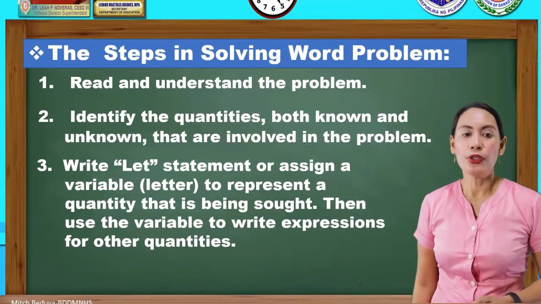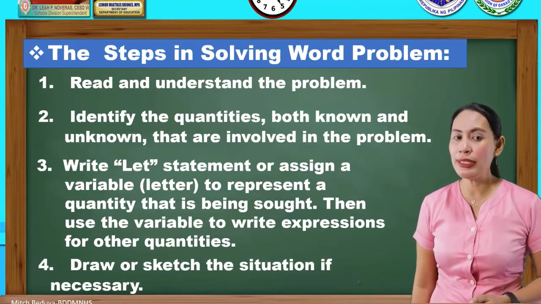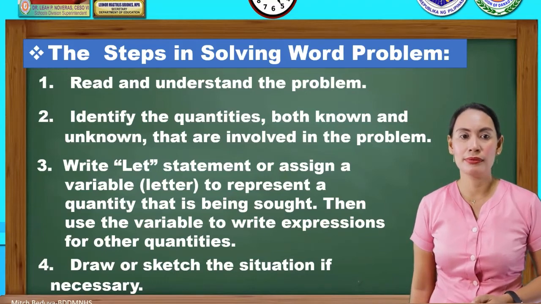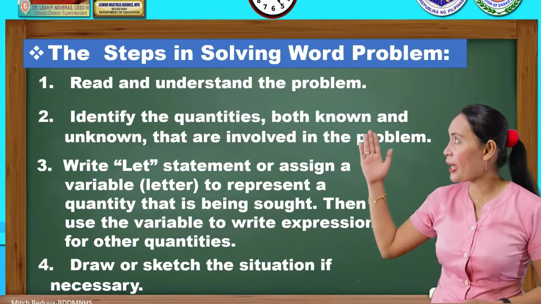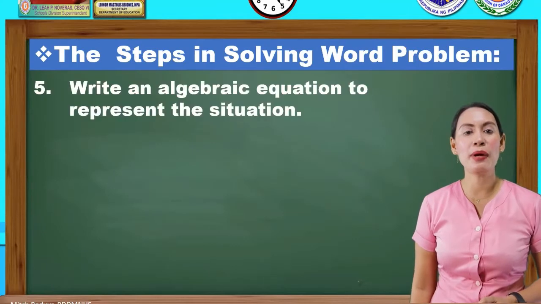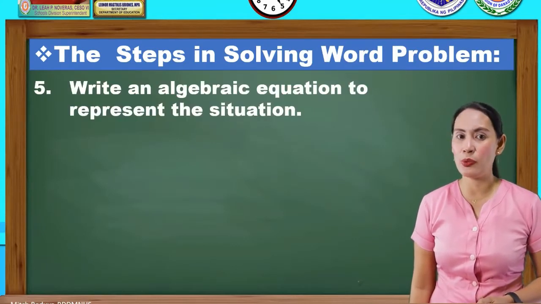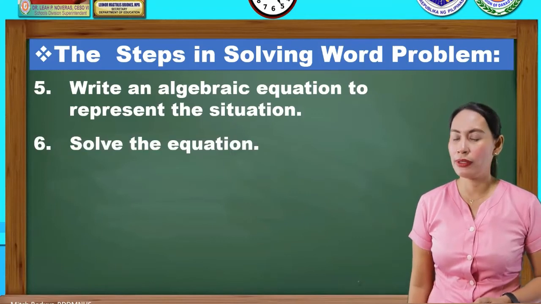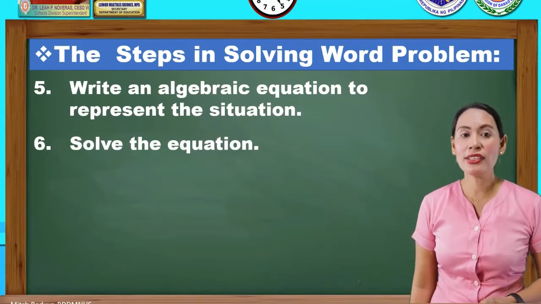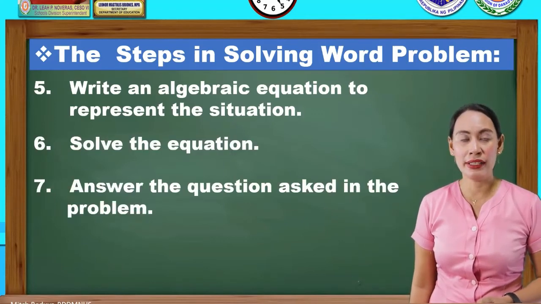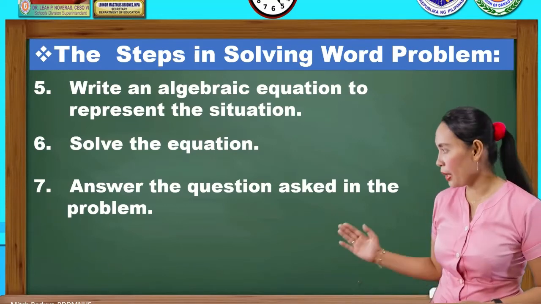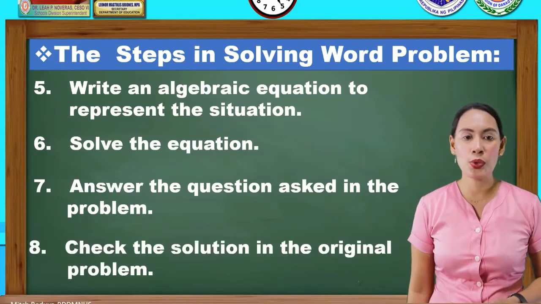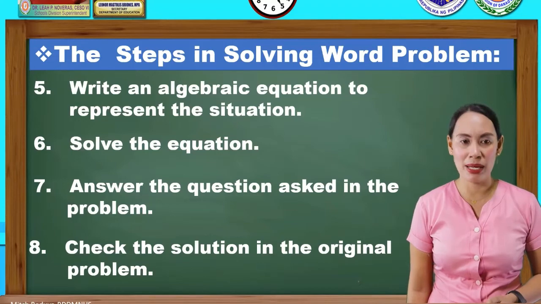Fourth, draw or sketch the situation if necessary. Number 5, write an algebraic equation to represent the situation. Number 6, solve the equation. Number 7, answer the question asked in the problem. Number 8, check the solution in the original problem.